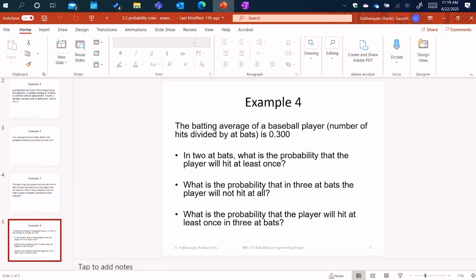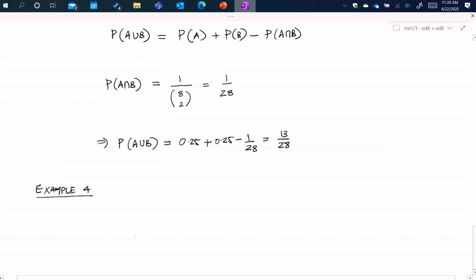So in 2 at-bats, what's the probability that the player will hit at least once? What's the probability that in 3 at-bats, the player will not hit at all? And what's the probability that the player will hit at least once in 3 at-bats? So that's the question. Let's go through and solve this problem.